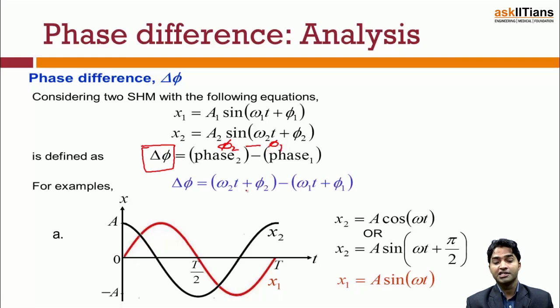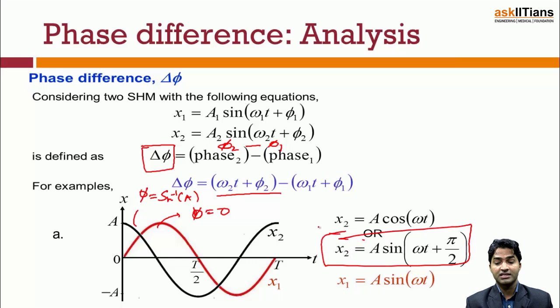On substituting the corresponding values, we finally get omega 2 minus omega 1 into t plus phi 2 minus phi 1. So it is a case where the phase is 0 and the phase is equal to sine inverse of positive a. So we can say these are the two graphs. So it is the case of leading. We already discussed this part in the previous slide.